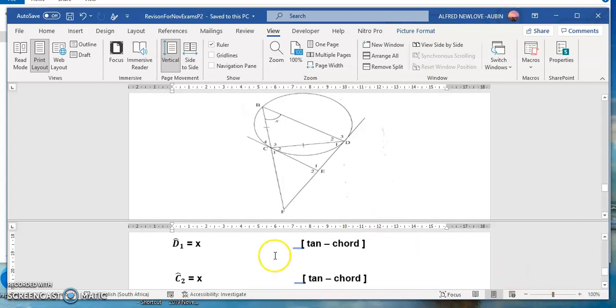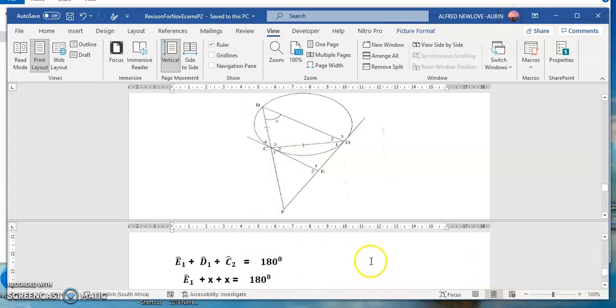Then when you continue, C2 is also equal to x. Where is C2? This is C2. C2 is also equal to x, and that is also the tan chord theorem. So when we combine them, this E1 plus D1 plus C2 is going to give us 180.